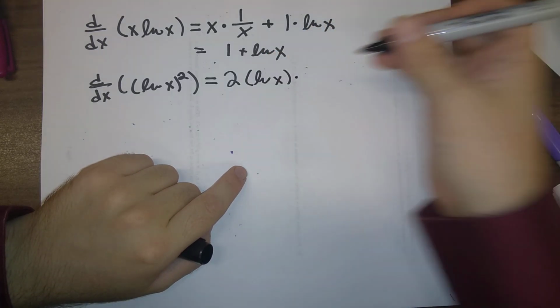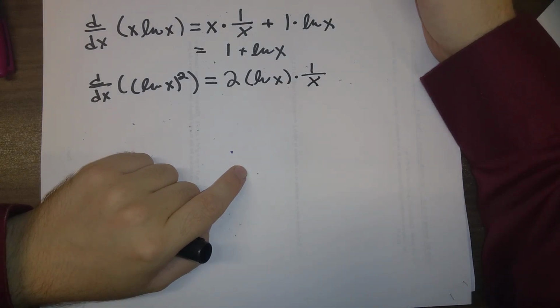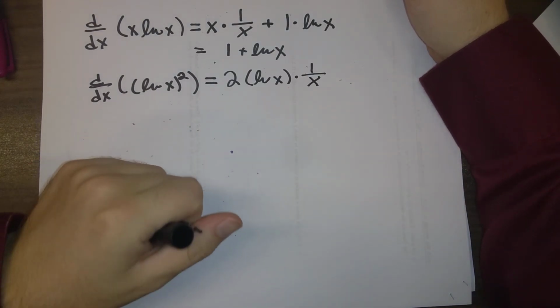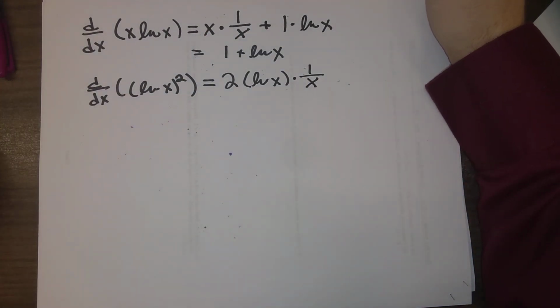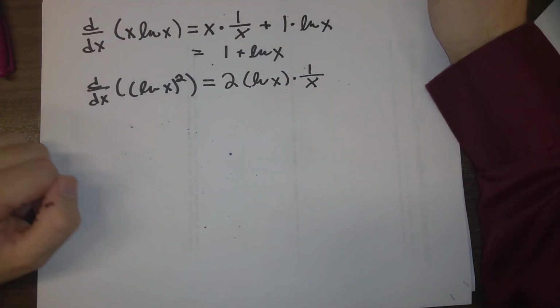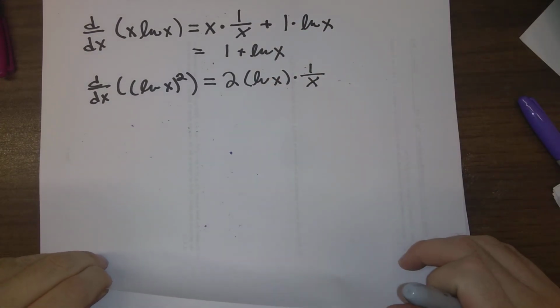But then we have to multiply by the derivative of what's on the inside. The inside is natural log of x, so that derivative is 1 over x. So that's a couple of examples.